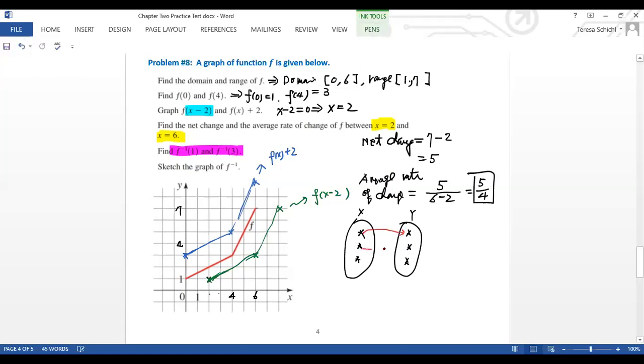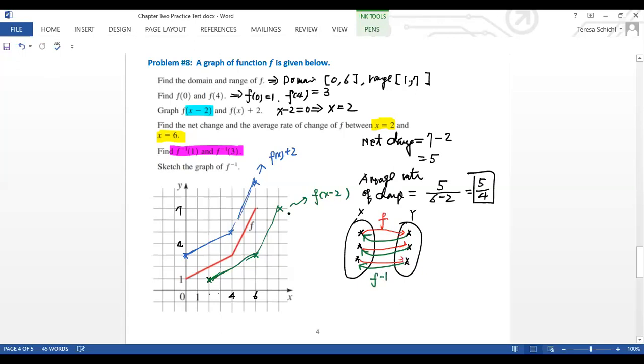From here to here, this relation is f of x. That means you give an x value, you find a y value. Then what is this relation? If this is the green one, that means you give one y value, you want to find the x value. This is what I call the f inverse relation, right?